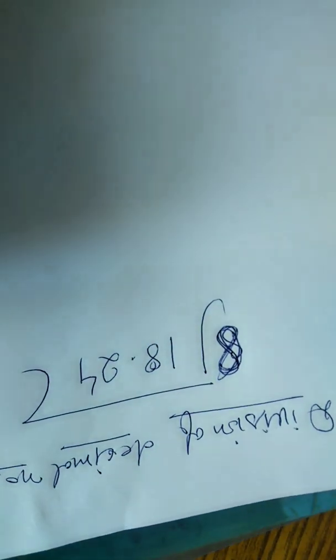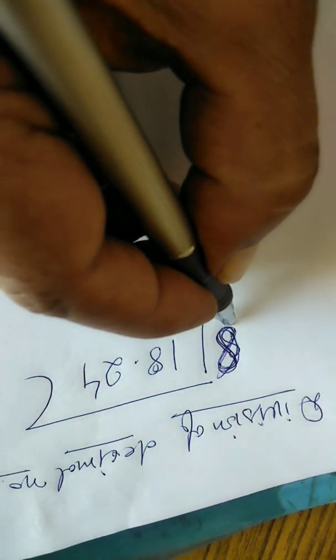Let us suppose I have the number 18.24. I have to divide it by 8, sorry, I will divide it by 8, right? So how can I divide it?